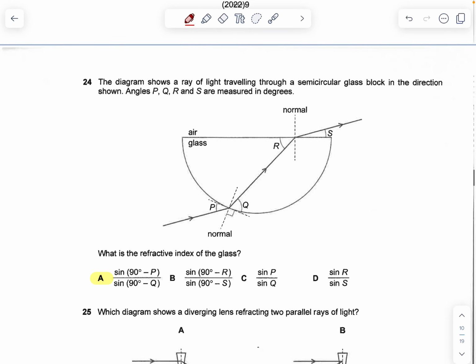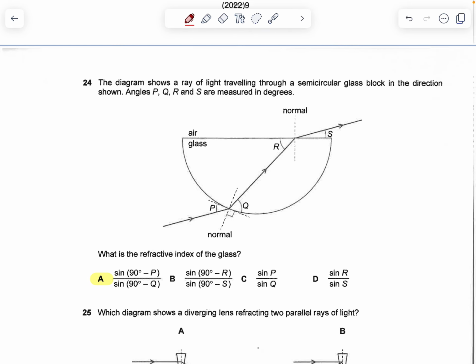Question 24. The diagram shows a ray of light traveling through a semicircular glass block in the direction shown. Angles P, Q, R, and S are measured in degrees. What is the refractive index of the glass, n? Formula for n equals sine i over sine r. You must remember that it's more than or equal to 1.